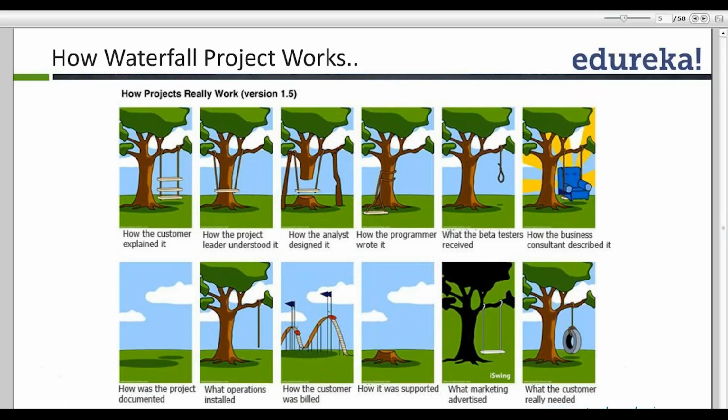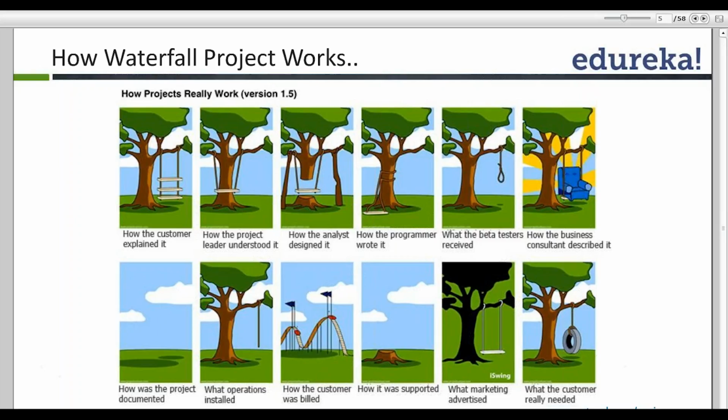If you see this diagram which is being depicted here, it shows what the customer wanted and what we actually delivered to them. The reason for this happening was that there was no interaction between the customer and the project team. The customer used to just give a set of requirements. These requirements were interpreted by the lead or the project manager.